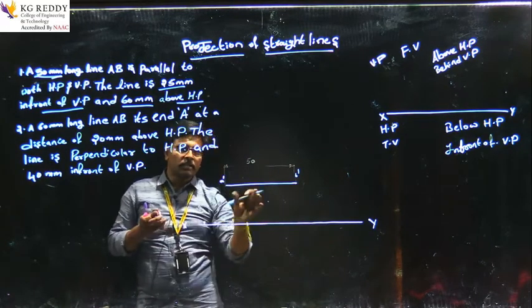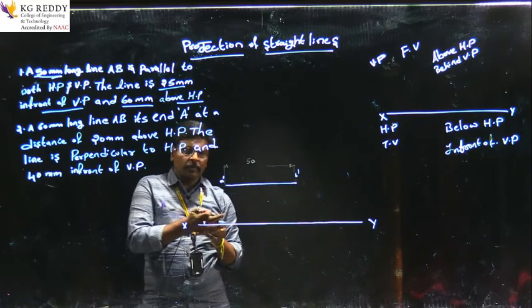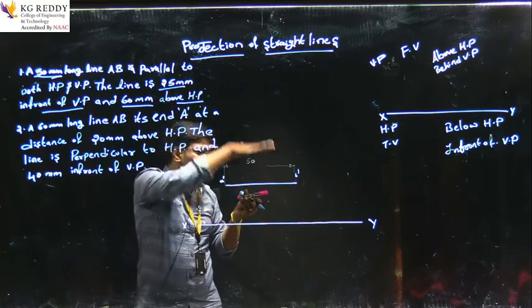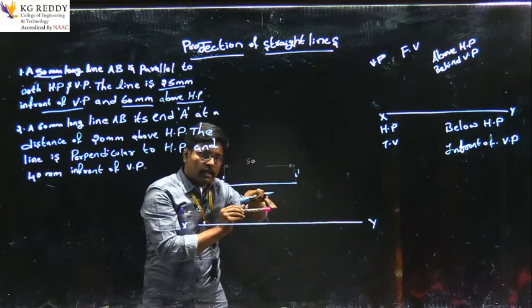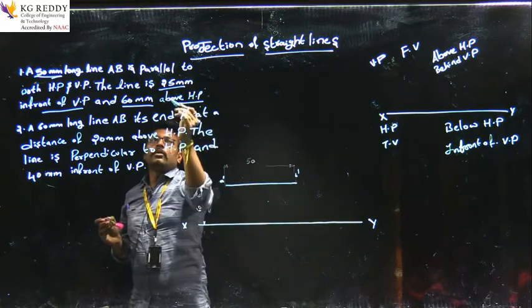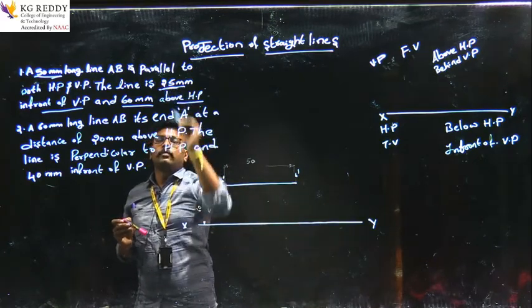This is the front view, and the projection of this front view is nothing but the top view. The top view I am also taking as a horizontal line, which is 25 in front of the vertical plane.